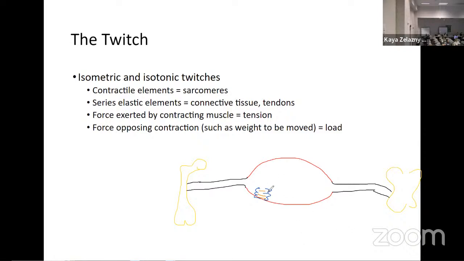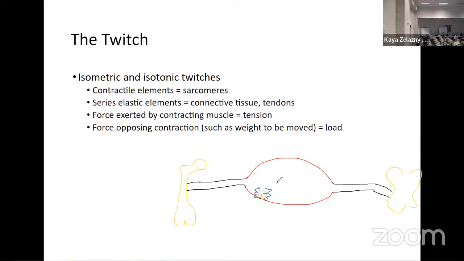So when we contract the sarcomeres, what we're contracting is that muscle belly. That's what you feel swelling up if you exert a muscle. It's balling up. You're feeling that muscle belly balling up. But the tendons are stretching a bit at first. They are kind of elastic. So we create a force when we contract a muscle. That's our tension.